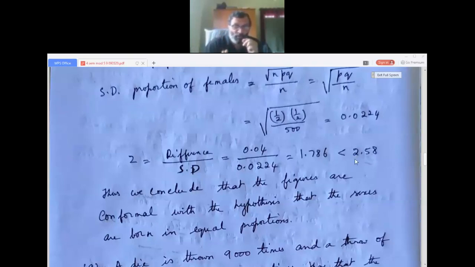What you assumed is correct. But if you get more than 2.58, as I told many times, then it is rejected. The opposite takes place. Now it is less than 2.58, so the hypothesis is correct. So we can say that the sexes are born in equal proportion.